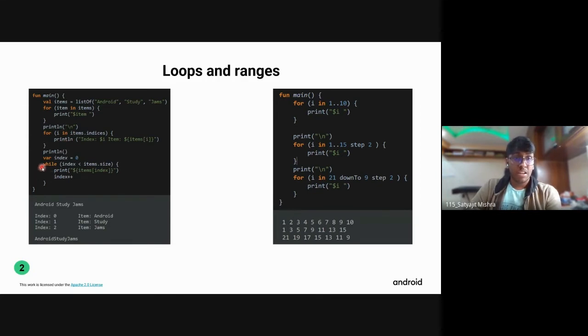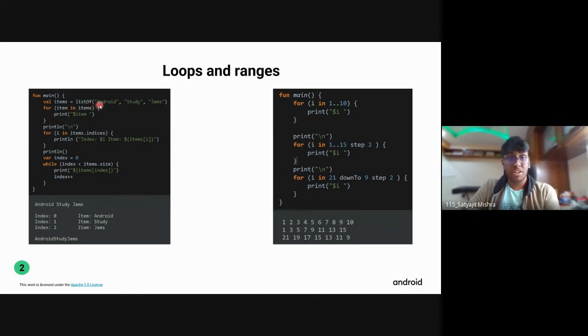Second, we also have a while loop in Kotlin, and we can use it like we use a standard while loop in every other programming language. We have the while, if index is less than items.size. If we use the .size keyword, then we will get the size of the list.